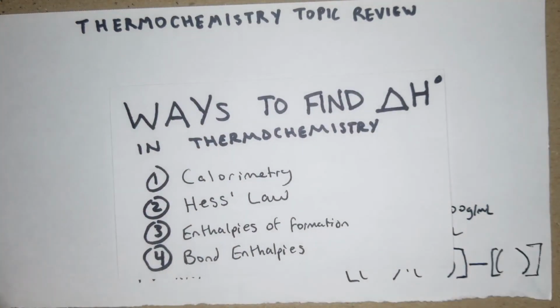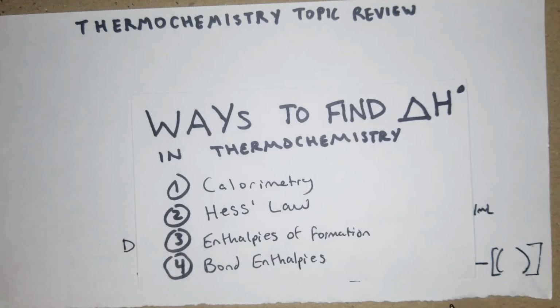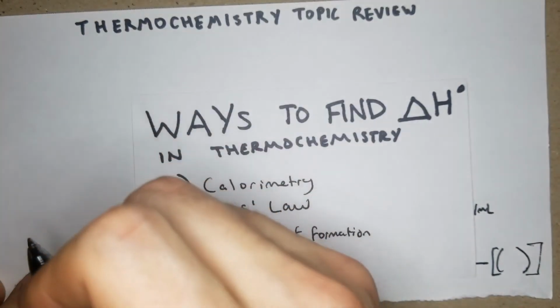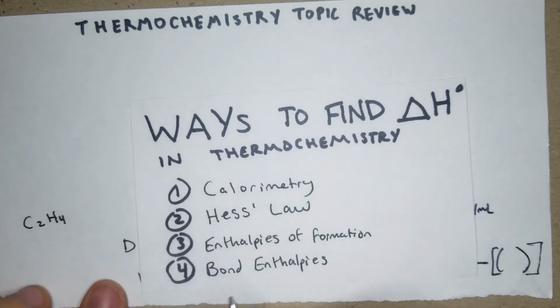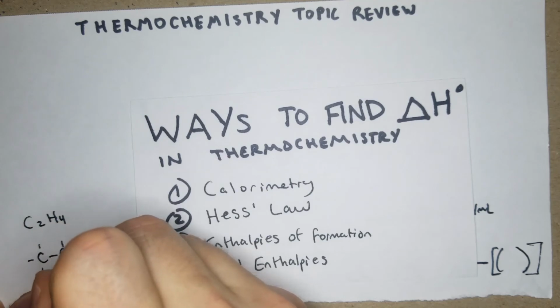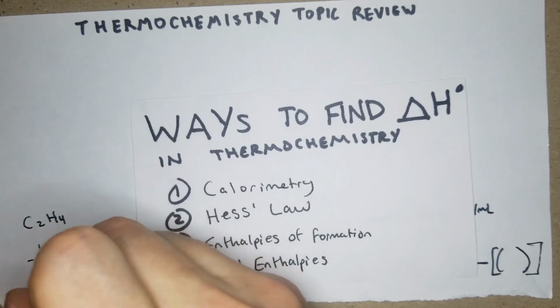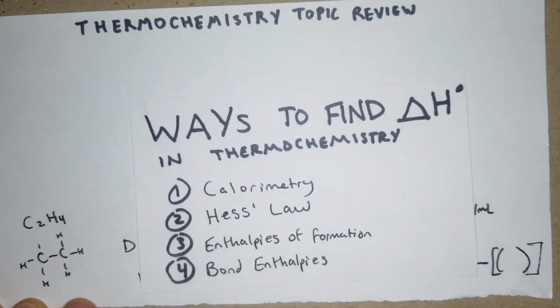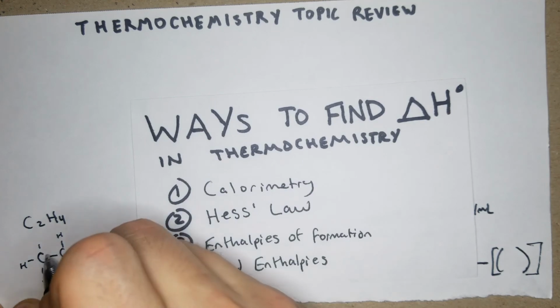And then for the final one, for bond enthalpies, I think the most important factor here is learning how to draw out the molecules. For example, if they say C2H4, you don't want to draw that without the double bond in the middle.